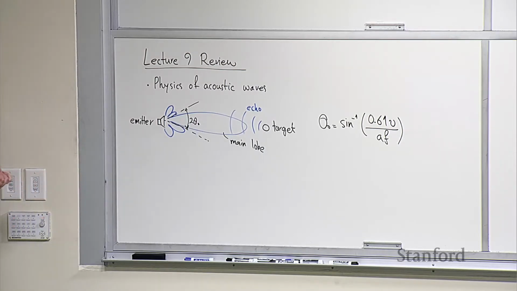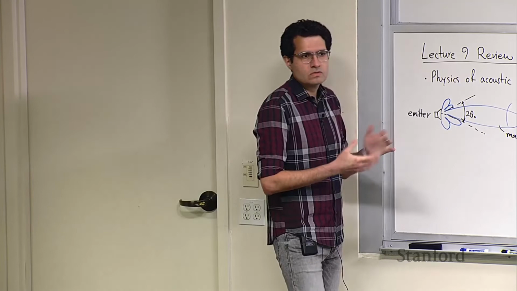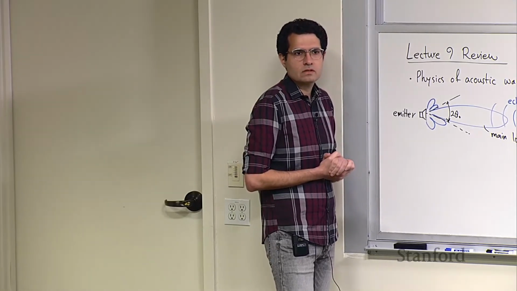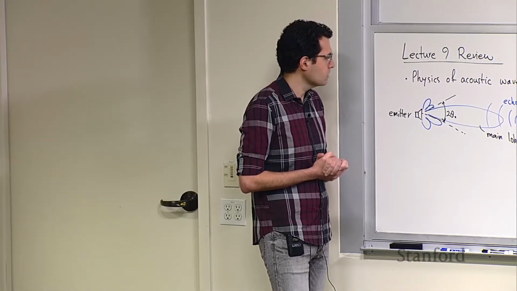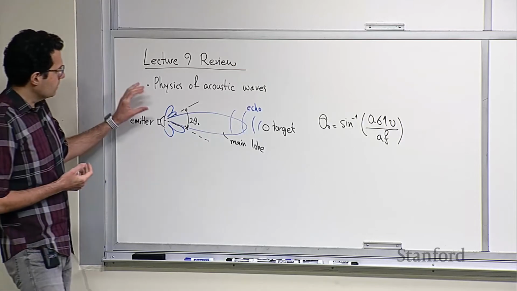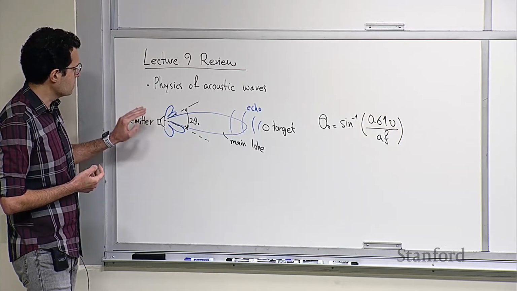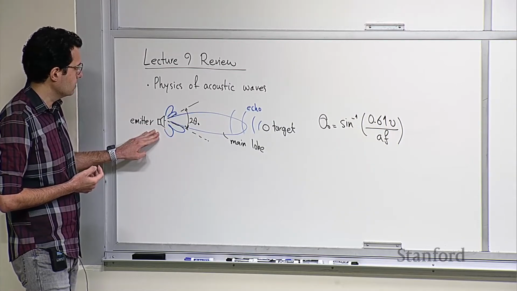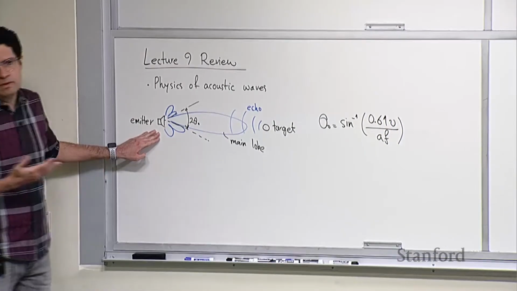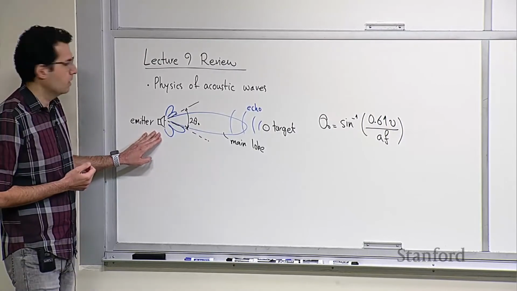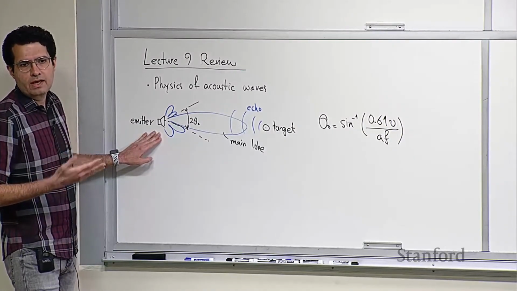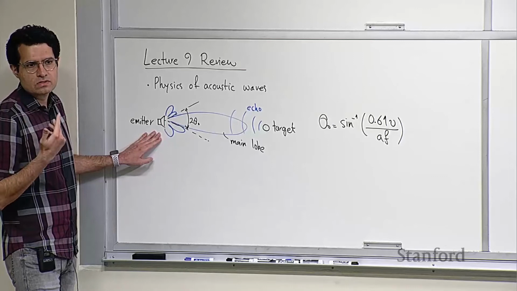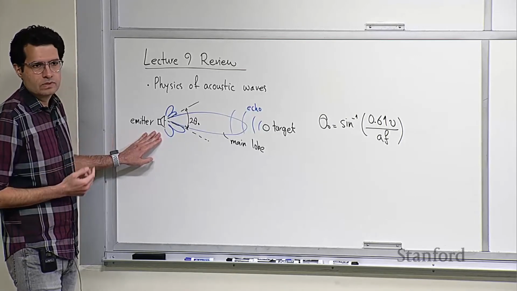So for sonar, the signals are acoustic waves at ultrasound frequencies. And we first focused on the emitter or the transducer that sends the signals. So these are essentially like audio speakers, but they work at high frequency, so the signals are not audible to us, but they're sound waves, essentially.